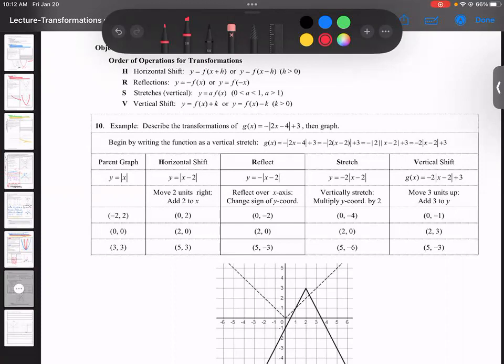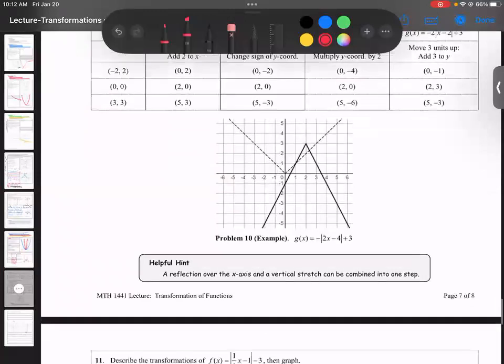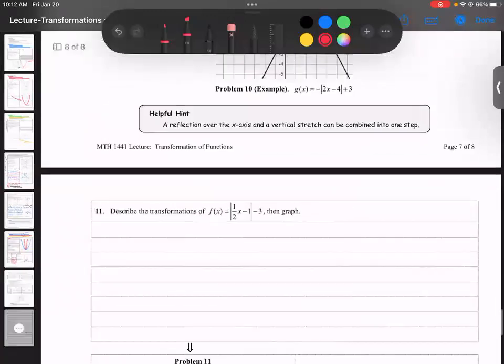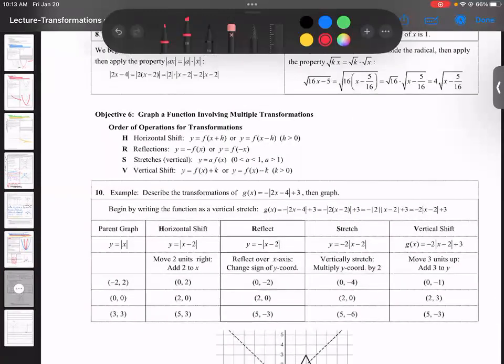Right. Now let's put them all together. Which one comes first? Here is a step. They don't write it here, but I like to include step 0, the parent graph. Make sure you can identify your parent graph or basic graph.